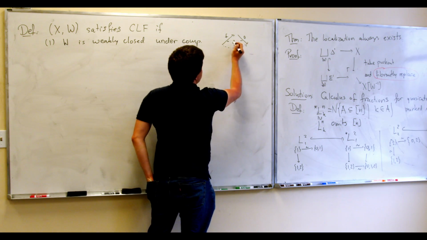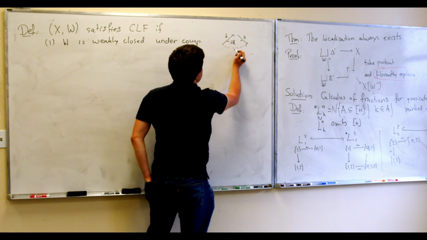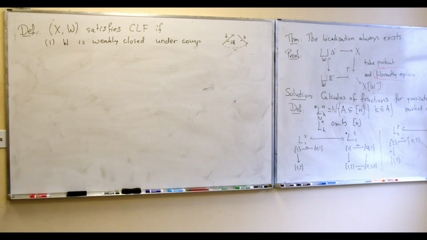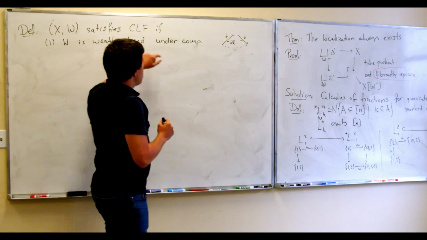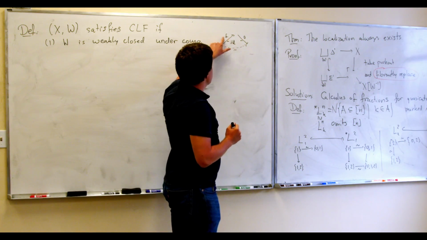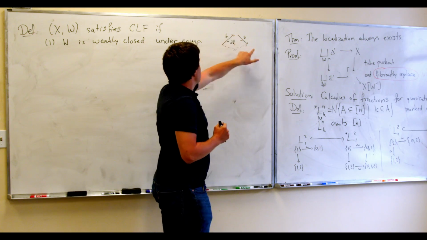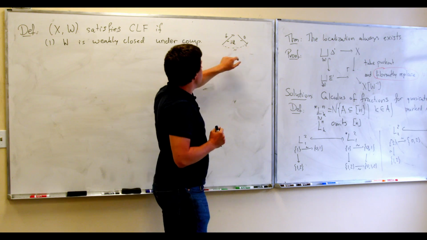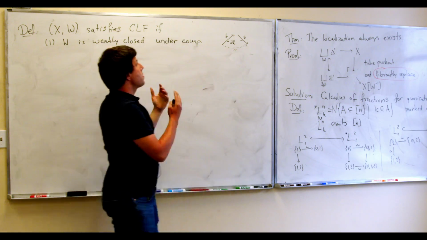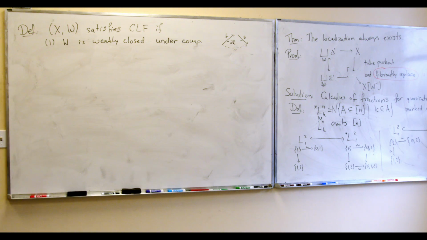Now I require that there exists some such 2-simplex for which this is a weak equivalence. So strongly closed under composition would mean that for any 2-simplex that has those two as those two parts of the boundary, this is a weak equivalence, but I'm only demanding that there is some such 2-simplex.